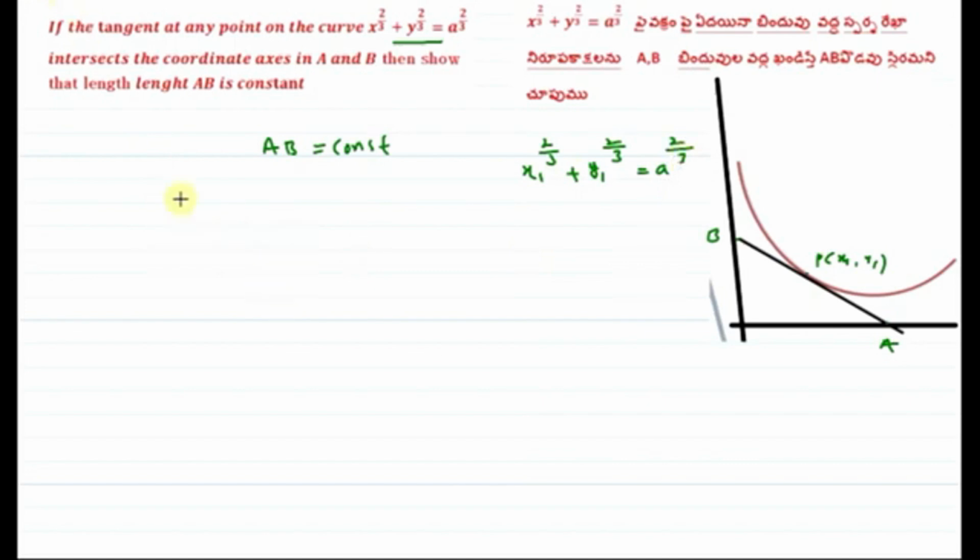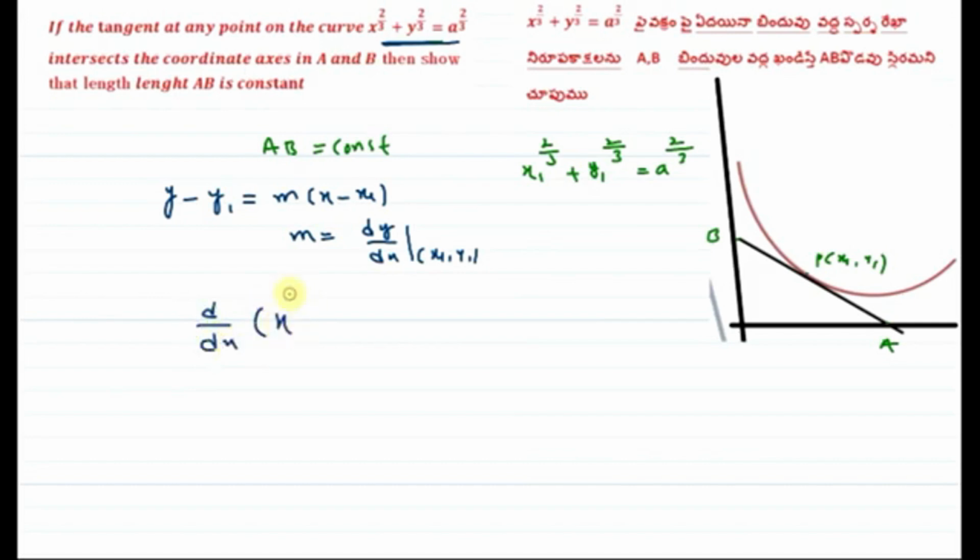To find the tangent equation, we know the formula y minus y1 is equal to m into x minus x1, where m is equal to dy by dx at (x1, y1). So differentiate this curve on both sides with respect to x: the derivative of x to the power of 2 by 3 plus y to the power of 2 by 3 is equal to the derivative of a to the power of 2 by 3.